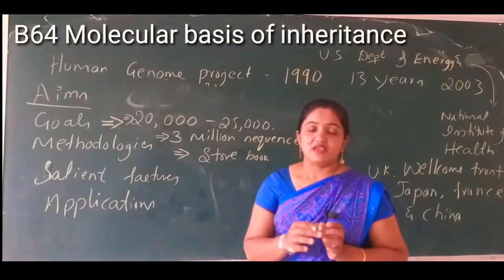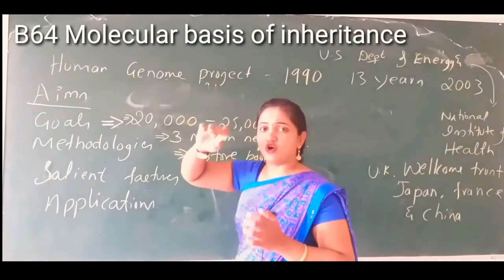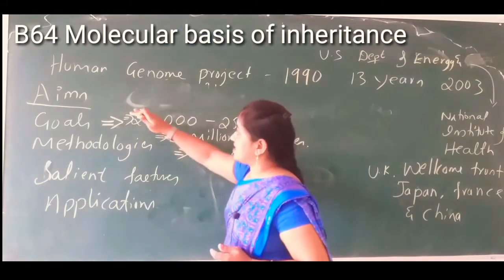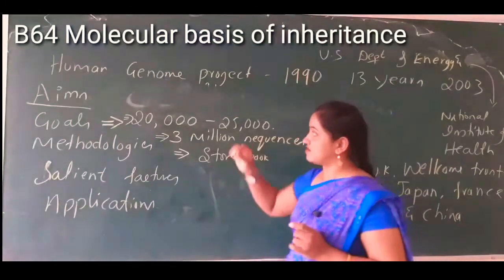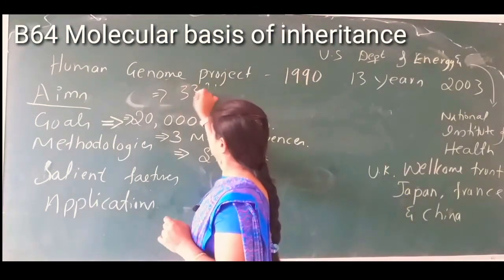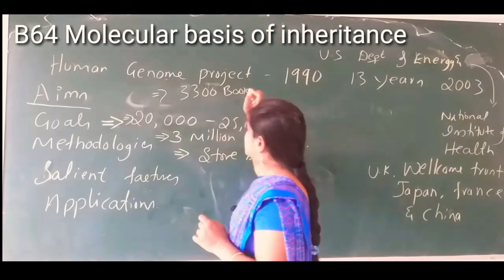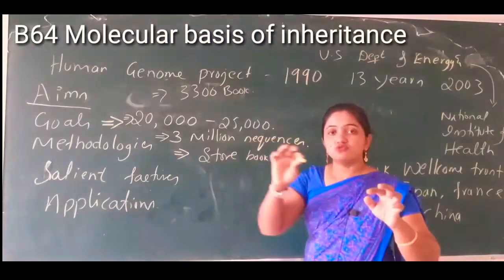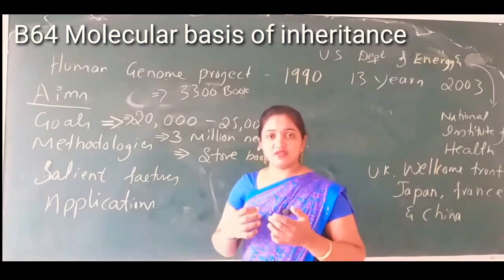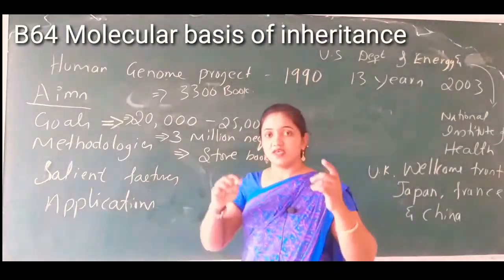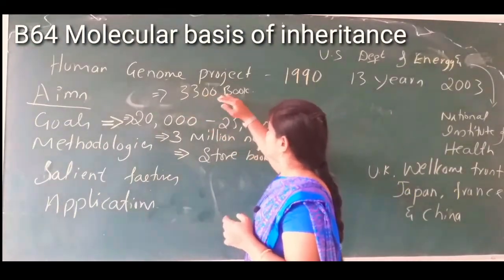Just think how many books they would need to write the base sequences in typed form. It requires 3,300 books to type all those base sequences on the pages.